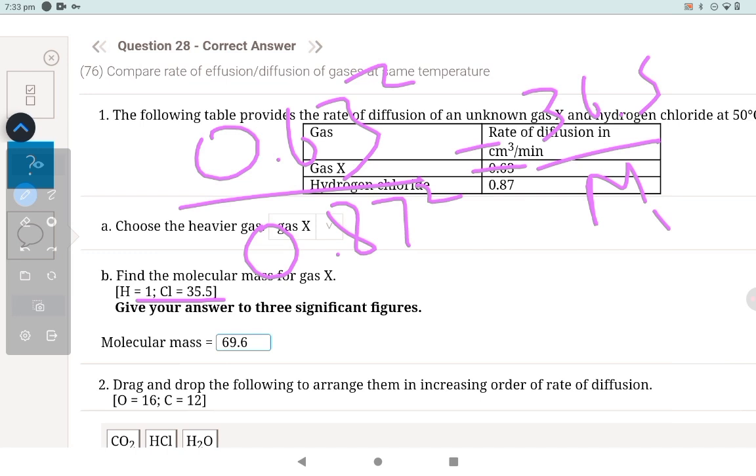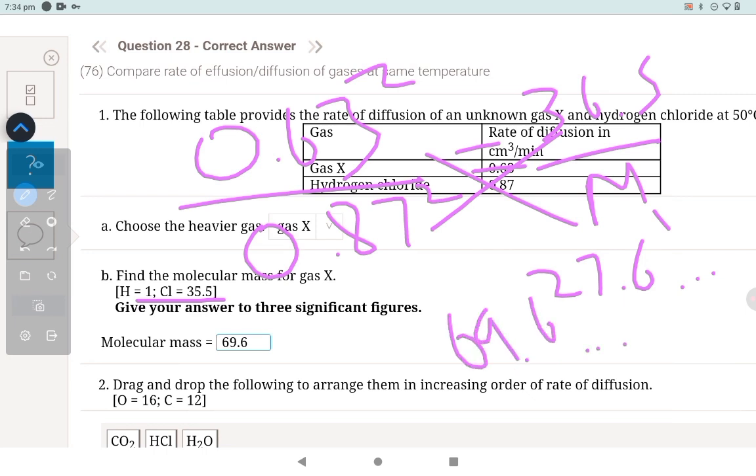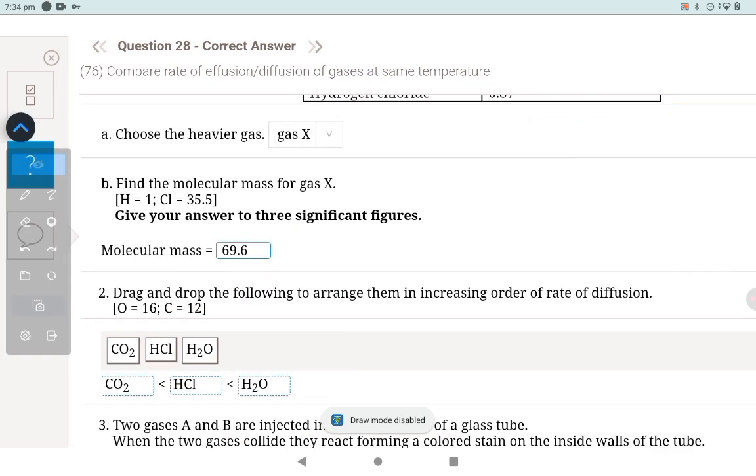We need to cross multiply on both sides, so 0.87 squared multiplied by 36.5 gives you 27.6. Divide that by the square of 0.63, so you get 69.6. Okay, that is the molar mass of the gas X.